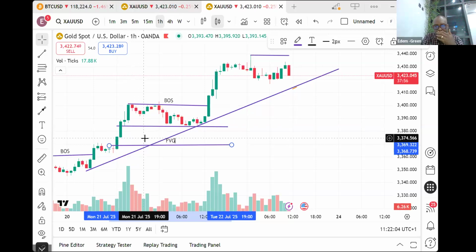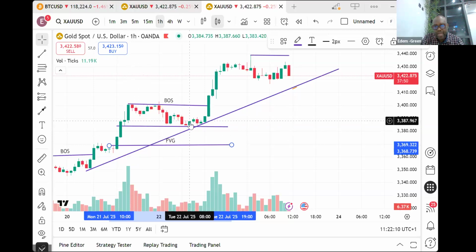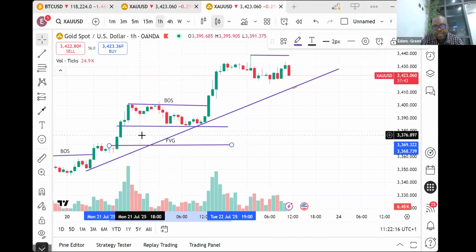And I say that if the market comes back, it can test it. But in real sense, this might not necessarily be a good fair value gap, because there's the third candle, this candle, where there's an overlap.